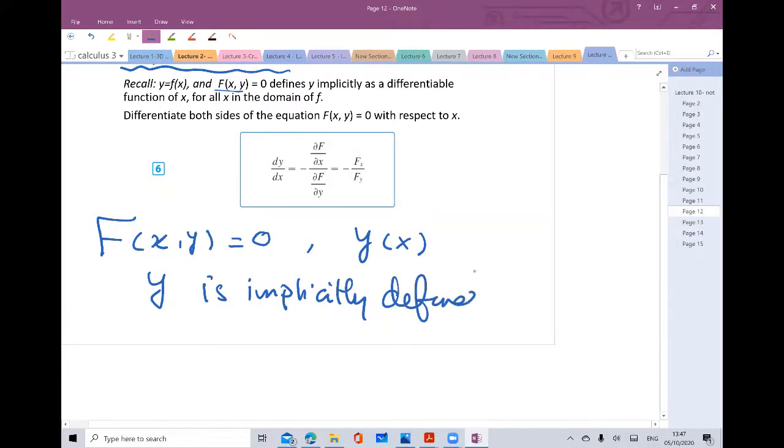I don't have, as usual, Y equal to F of X. Instead, I have Y defined implicitly in this capital function F.